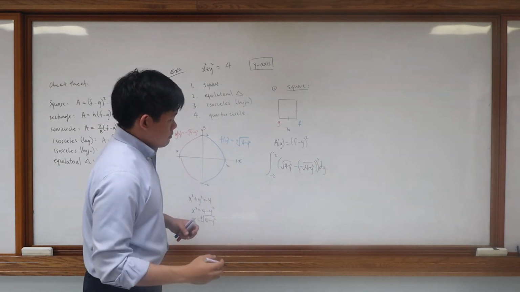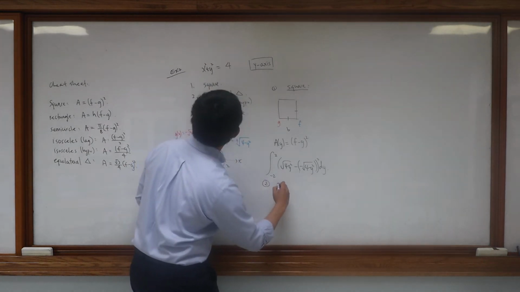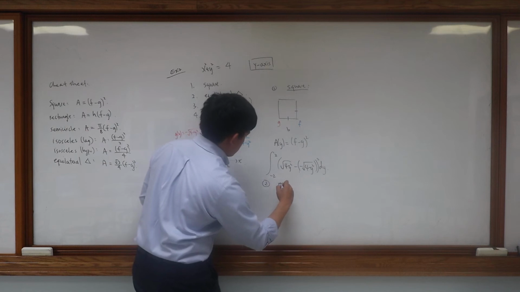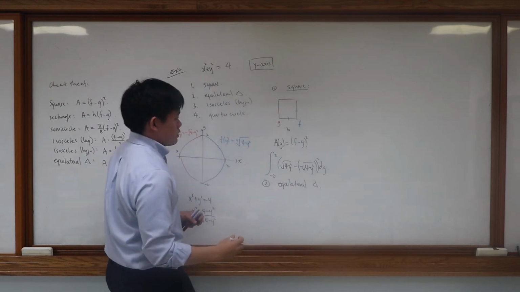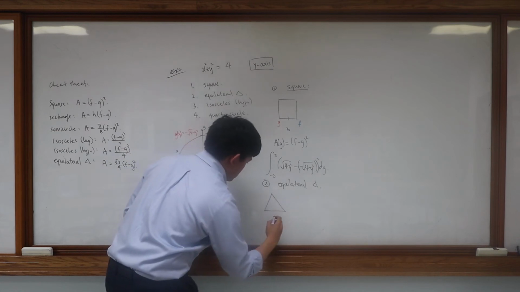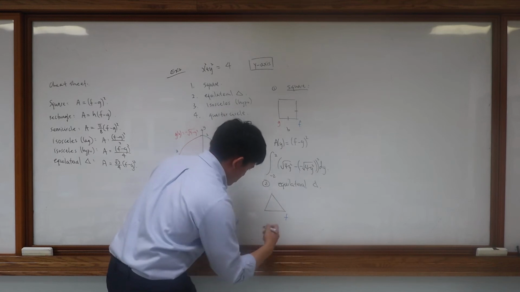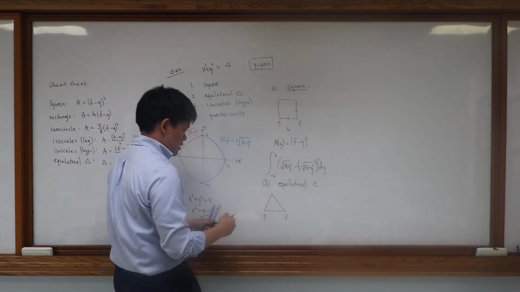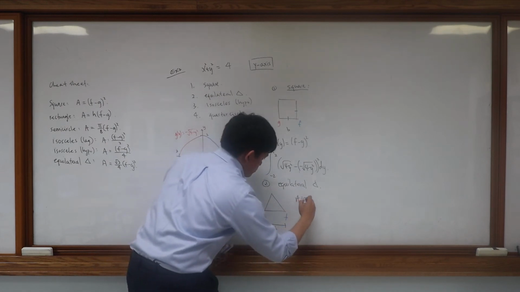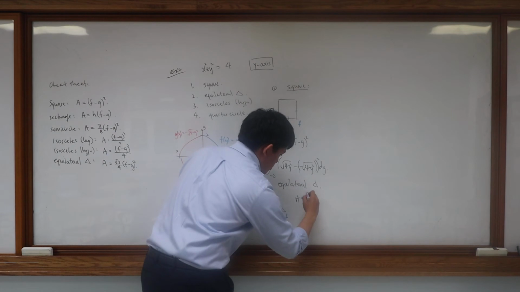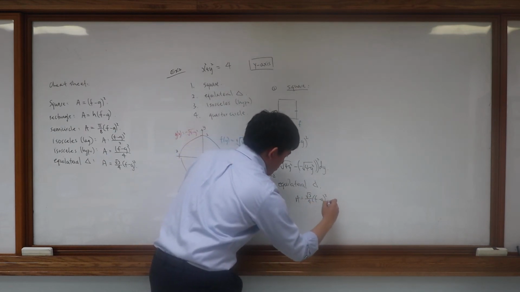Okay. Now, next one we have. Let's do the equilateral triangle. Okay, so we have this equilateral triangle, looks like this. Again, this is f and this is g, and again, this part here, that's my base, so my area is equal to, for an equilateral triangle, root 3 over 4 of f minus g squared.